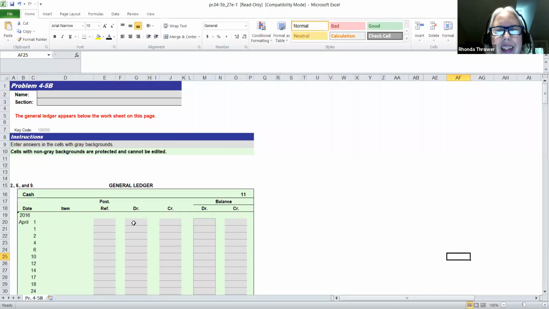So let me see if I can go back to the journal and show you where we're copying from. This is not the best situation in this Zoom account because I can't go back and forth between these like I want to. So I'm going to stop sharing again. I'm going to share my screen with you, and I'm going to pop back over to the Cengage screen. It's right here.